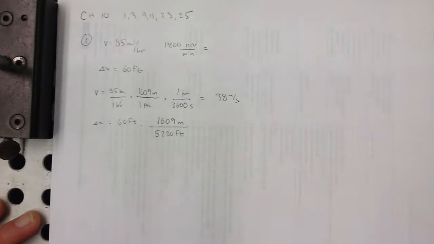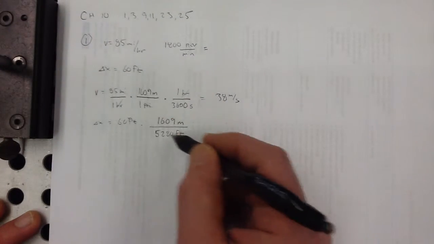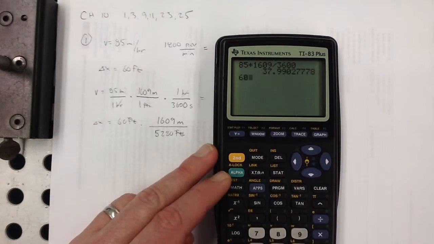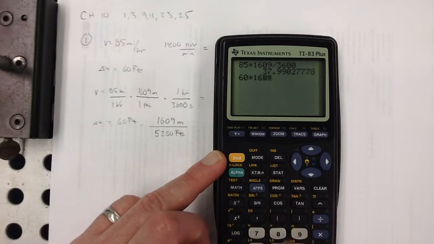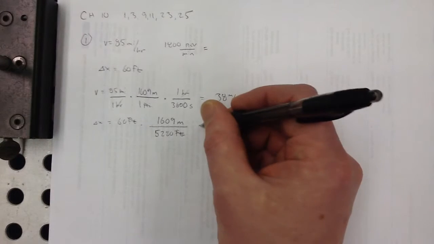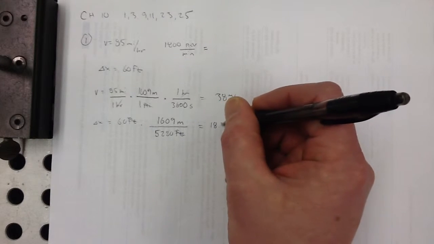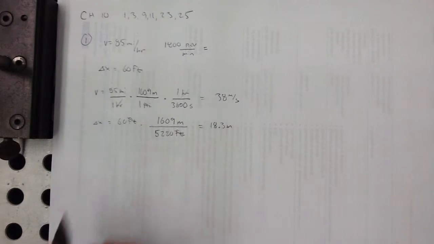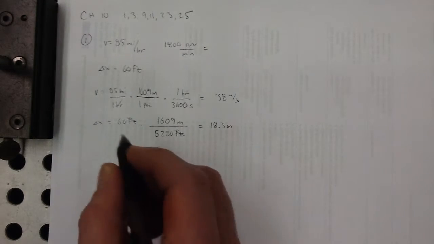So that's a conversion factor right there. So 60 times 1,609 divided by 5,280 is 18.3 meters, right? We thought it was about a 3-to-1 conversion, more or less.